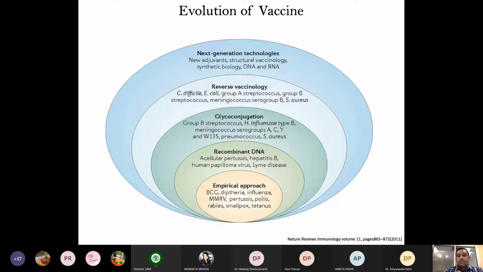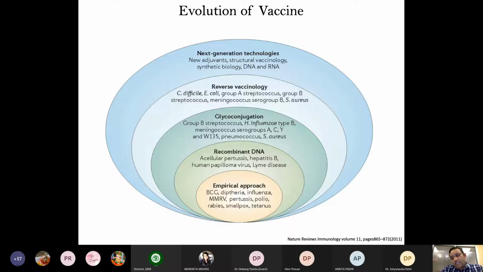All this, the central dogma, this understanding aided the evolution of the vaccine, then started recombinant DNA. And when people understood what are the different parts of the pathogen that are important and can be utilized as a vaccine, that's how different vaccination approaches started, like glycoconjugates, reverse vaccinology, and currently the next generation technology, which is basically synthetic biology, DNA and RNA stuff.